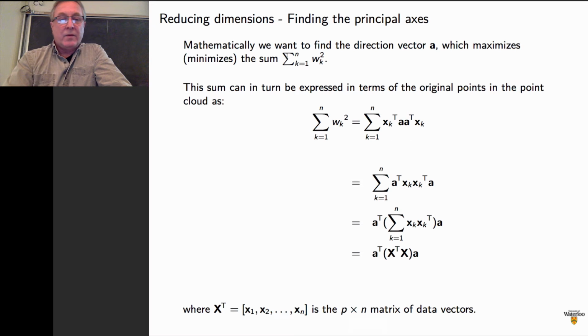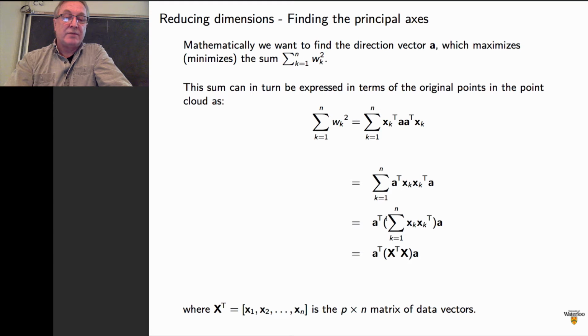So I may be interested in the average, or equivalently the total, of the squared lengths of the projections of all of the x vectors onto a particular direction A. That's that sum, which we agreed I could rewrite this way. The reason for rewriting it that way is I can factor this and have the A transpose appear on the outside of the sum.